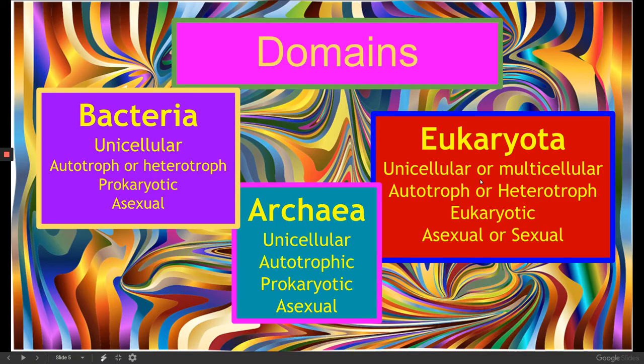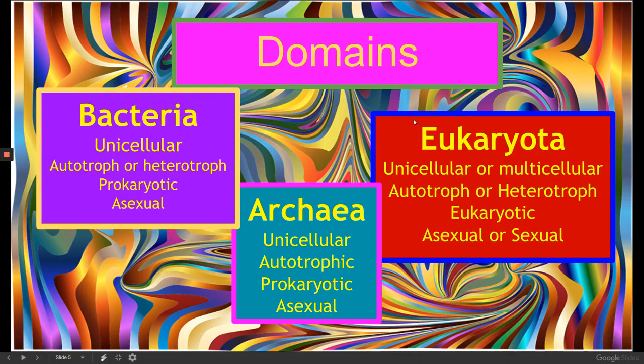And finally, the largest of our domains is eukaryota. This is where organisms can be either unicellular or multicellular. It could be an autotroph or heterotroph, but they are all eukaryotic cells, and they can be asexual or sexual in reproduction.